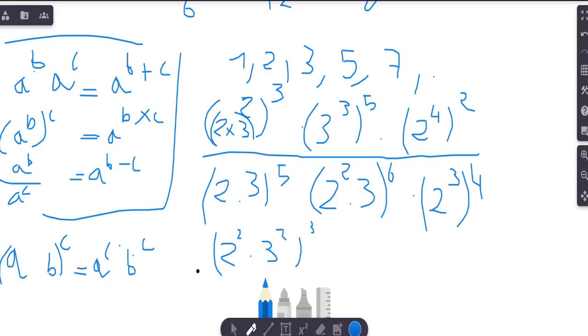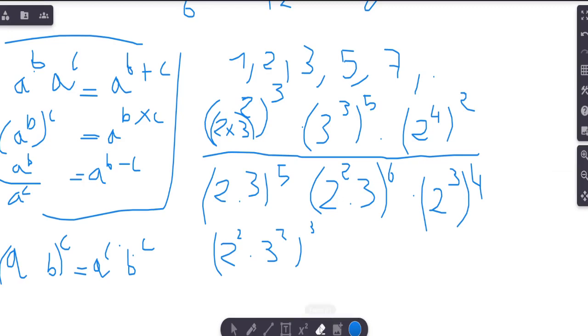But at the same time, when we have nested exponent, for example, a to the b to the c, we can rewrite it as a to the b multiplied by c. We can multiply exponents as well. So here again, we are going to distribute the exponent 3 on both 2 square and 3 square.